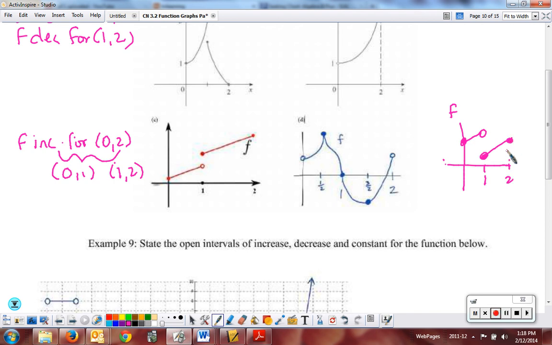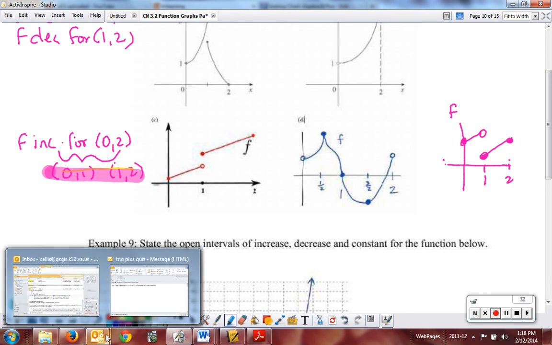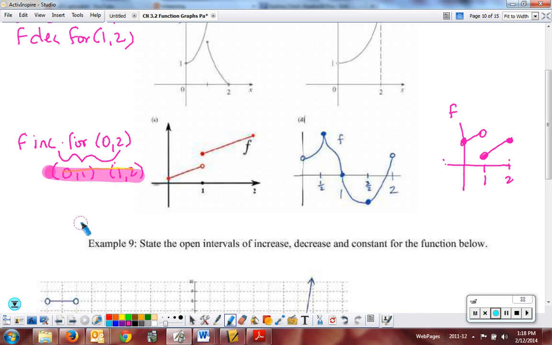What would I have to be very careful about, Avery? Yeah, I couldn't say here f increases from 0 to 2, because it actually doesn't. It increases, drops down, and then increases. And so that's why a lot of times when you see something like this, they usually don't put it together. Because something weird is happening, there's discontinuity.